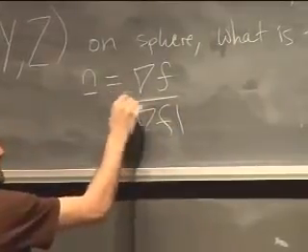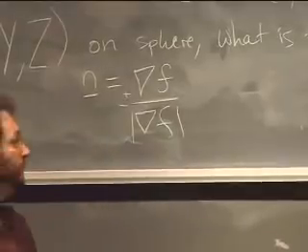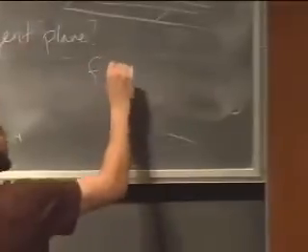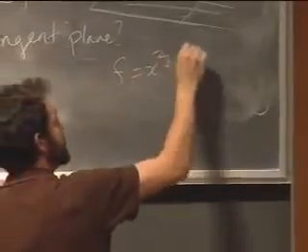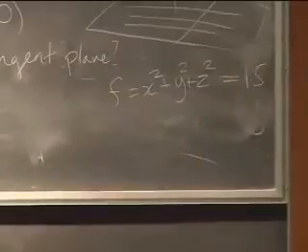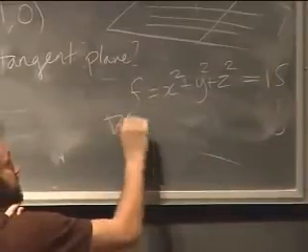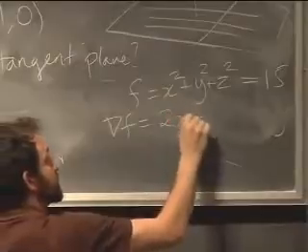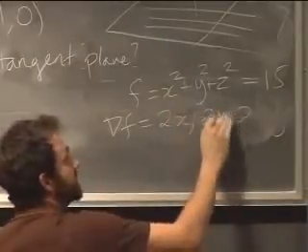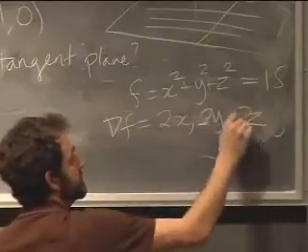And maybe it's plus or minus. It's the same formula that we had before. So what is f? Well, f is equal to x squared plus y squared plus z squared, which happens to be 15. As long as it's constant, that's fine. And grad f is equal to 2x, 2y, 2z.